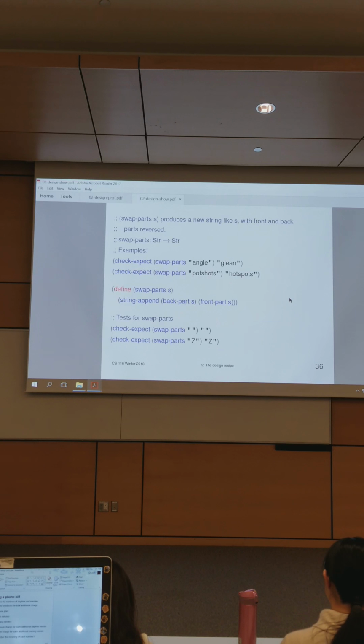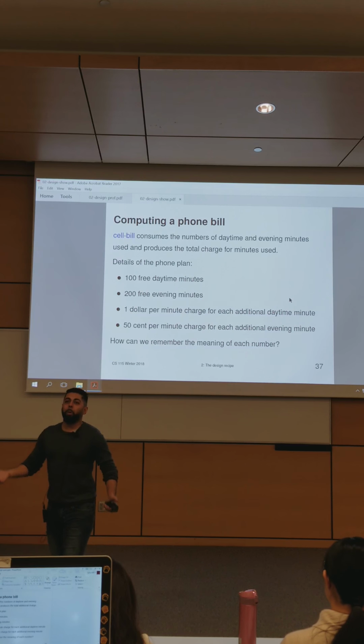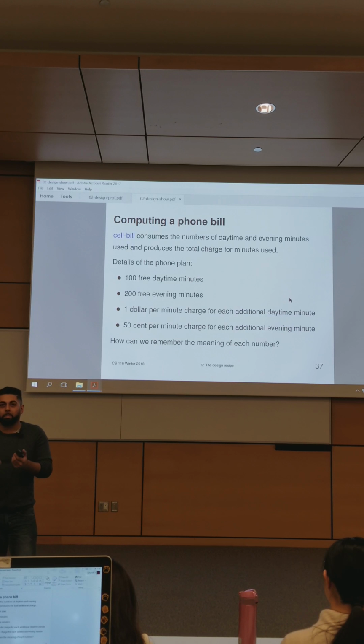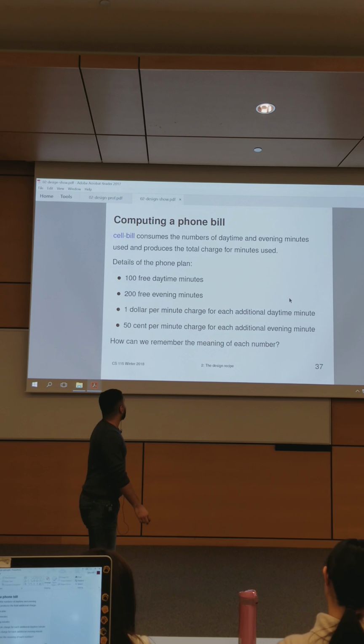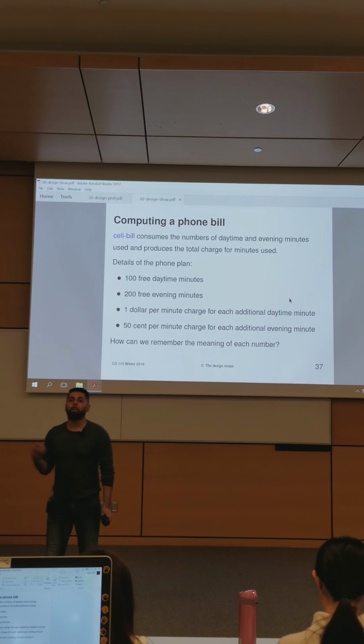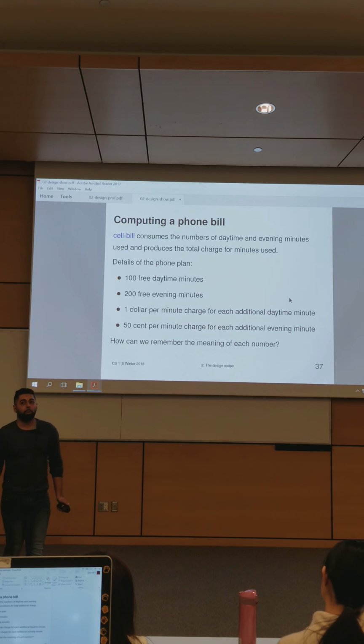Okay, cool. All right, moving on. We're going to end this module with one final example that puts everything together. In this example, we're writing a function called cellbill. Cellbill consumes the number of daytime and evening time minutes used. Essentially, you're trying to compute your cell phone bill, and it produces the total charge.